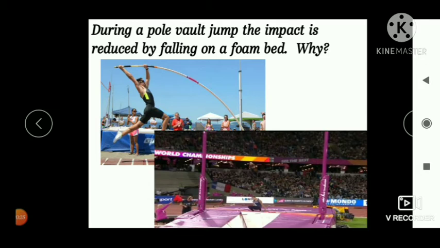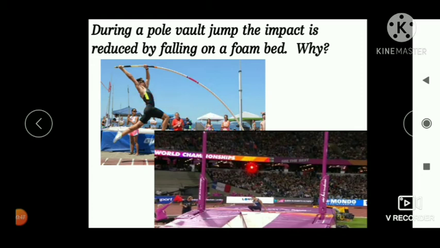Suppose this is a hard bed. When he falls on this bed, suddenly his final velocity becomes 0. So initially he has momentum and finally his momentum becomes 0.